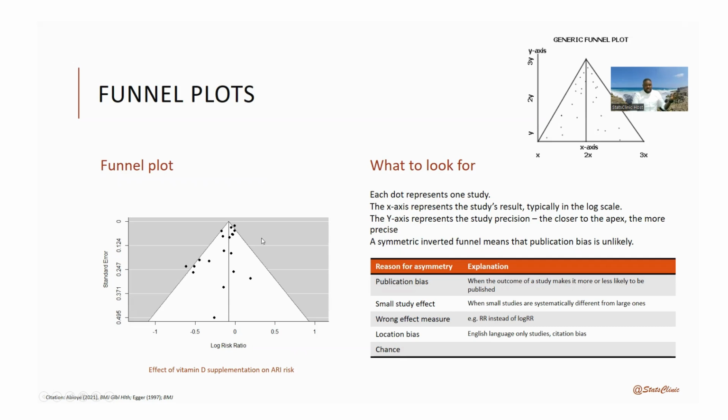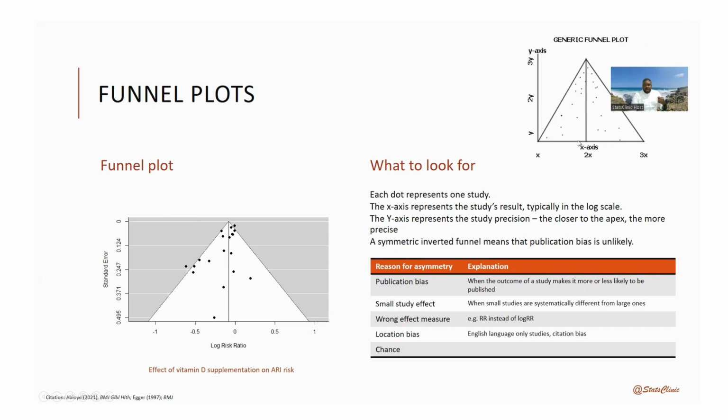And even on the right side of the plot, you can see that there aren't many studies, telling us that most of the point estimates are bundled up in one direction. And in this case, we can say that there's likely to be publication bias because there is some degree of asymmetry.